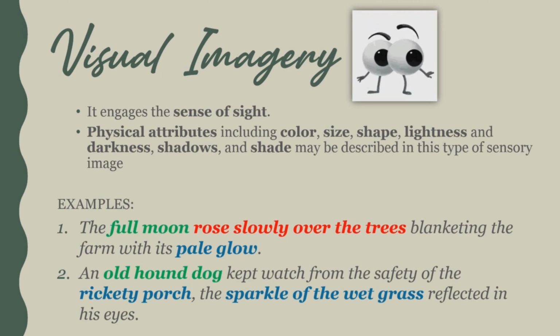Sparkle of the wet grass describes the condition of the environment. So, in the sentence, the old hound dog is carefully guarding a house in a garden, and it's probably after the rain because of the wet grass. Again, these words help the readers see what the scenario looks like. That is visual imagery.